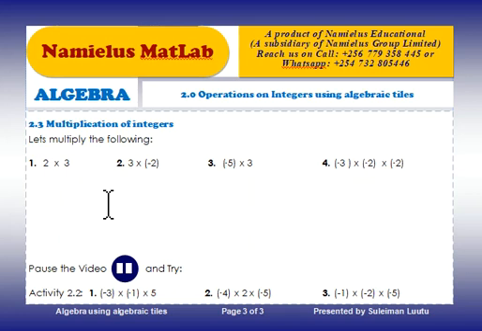Those are two positives. That means 2 is multiplied 3 times. That is 2 times 3.